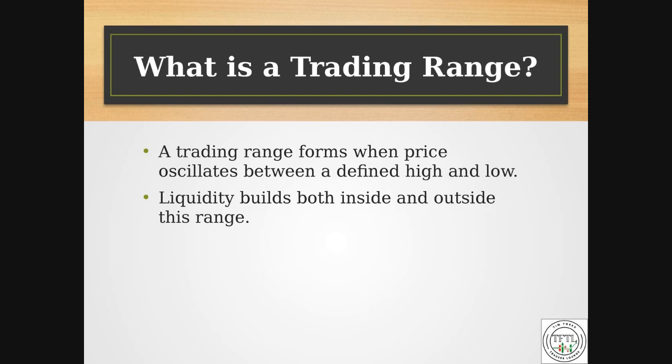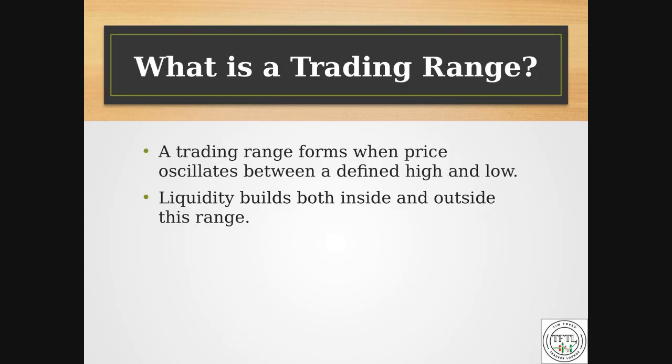Now, what is a trading range? A trading range forms when price moves between a clear high and low. During this phase, buyers will always be defending the bottoms, sellers will always be defending the tops, and liquidity will build on both sides.